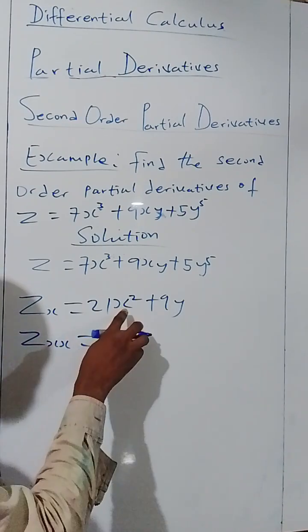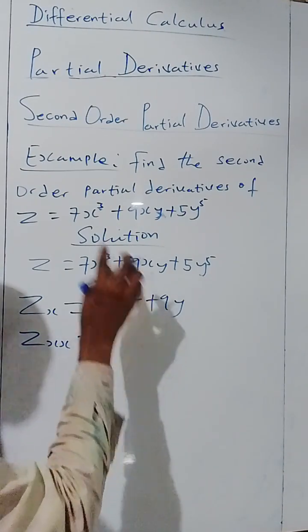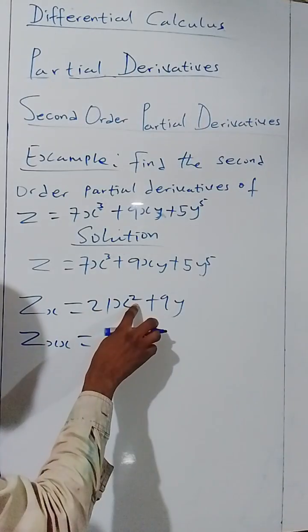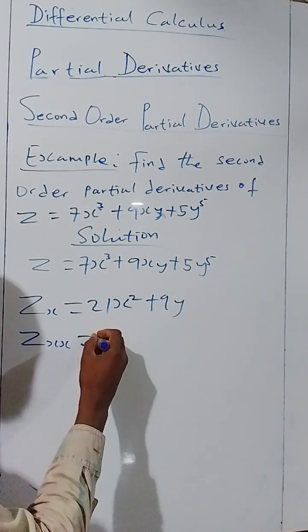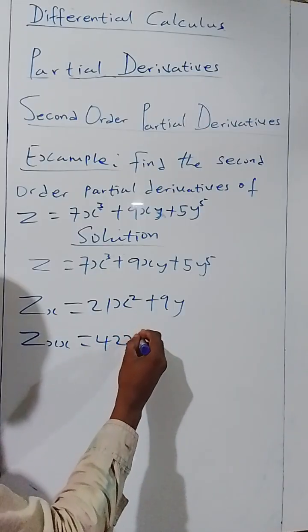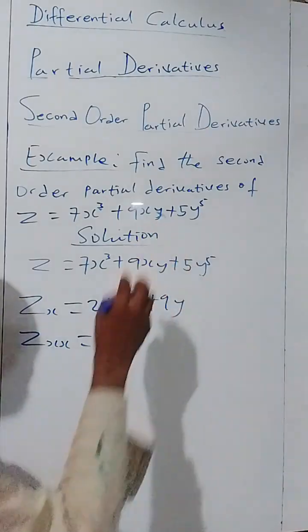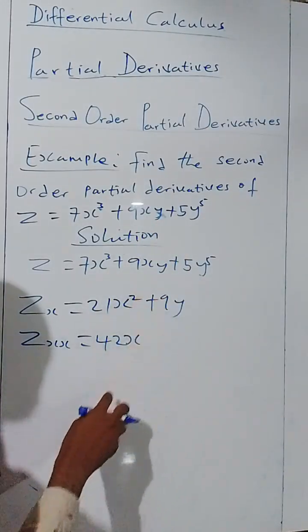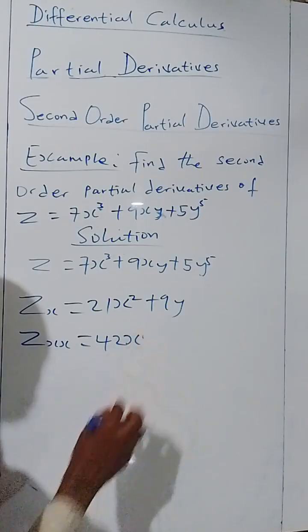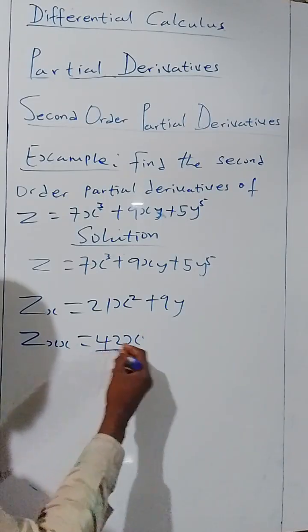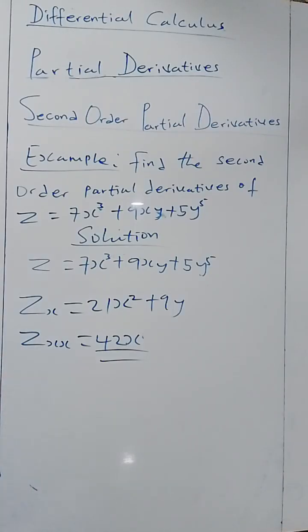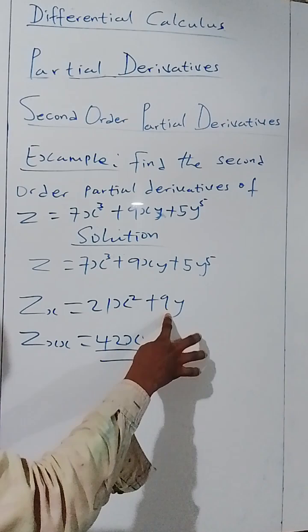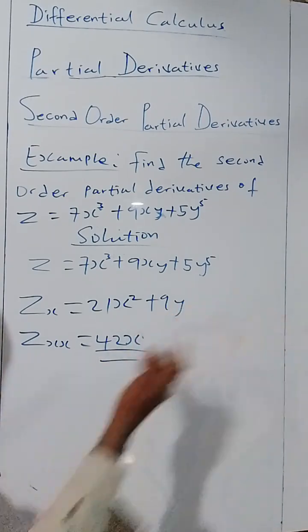The first term here contains the relevant variable x, so I multiply by the coefficient, 2 times 21, that is 42. Then we write x. Then you subtract 1 from the power, so 2 minus 1 is 1, and we don't need to write it. This is our second order partial derivative of z with respect to x. The last term does not contain x, so we ignore it.